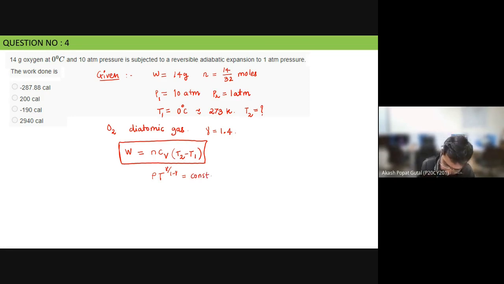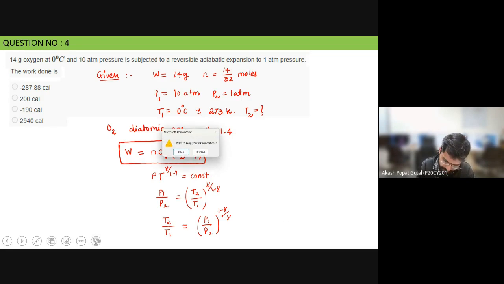So P1 by P2 is equal to T2 by T1 raised to gamma upon 1 minus gamma. If we reverse it, we need to calculate T2, P1 by P2 raised to 1 minus gamma upon gamma. Let me introduce one new slide.